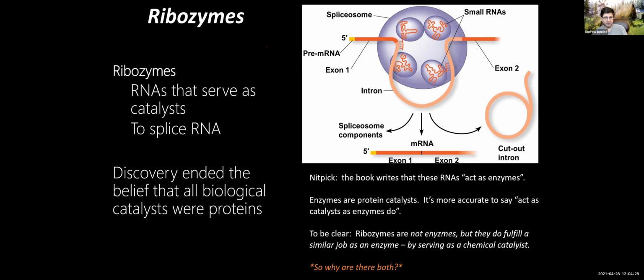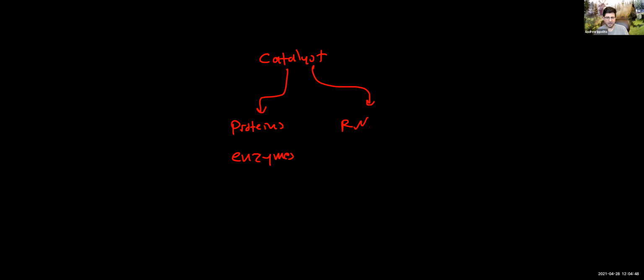In chemistry, we have something called a catalyst. They speed up chemical reactions without getting used up in the process. In biology, we have catalysts made out of proteins, which we call enzymes, and we have catalysts made out of RNA called ribozymes.